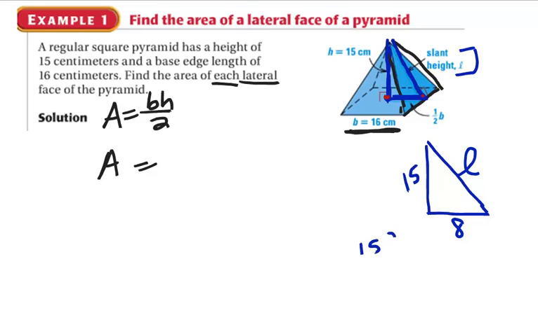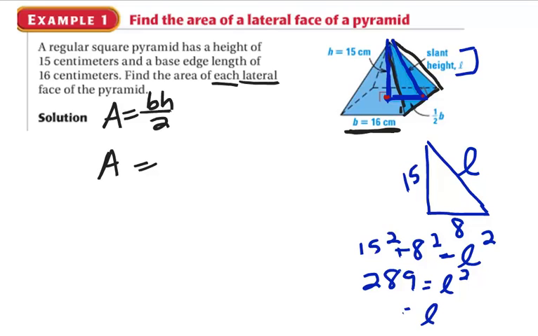So I'm going to get 15 squared plus 8 squared equals my slant height squared. And when I do 15 squared plus 8 squared, I'm going to get 289 equals my slant height squared. So remember, lowercase l, slant height. When I take the square root, I'm going to get 17. l is 17.